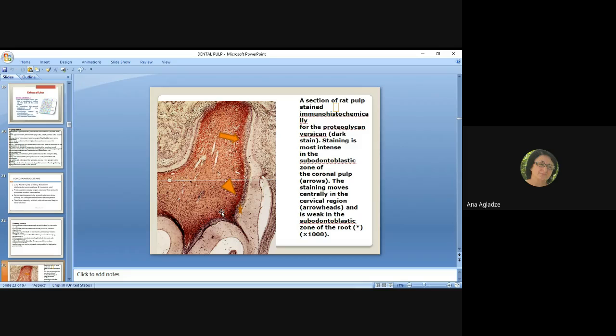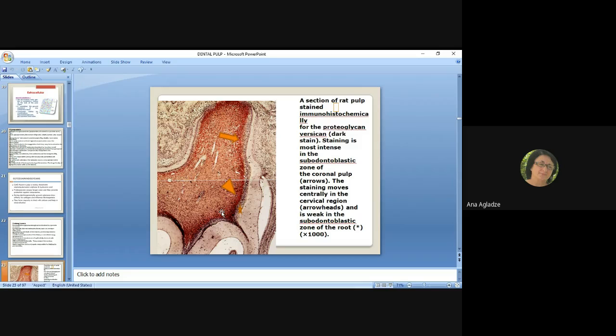The extracellular matrix also contains adhesive glycoproteins such as fibronectin, which are very significant in the interaction of cells, the junctional complexes, and the interaction between the cell and the matrix.